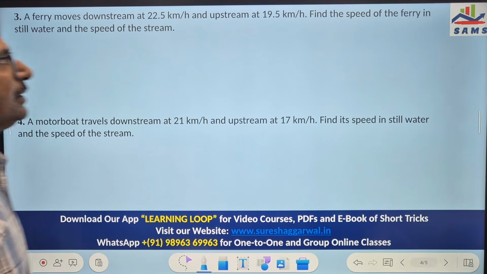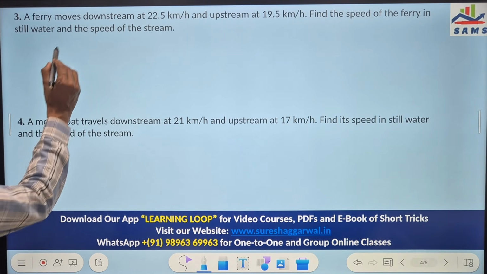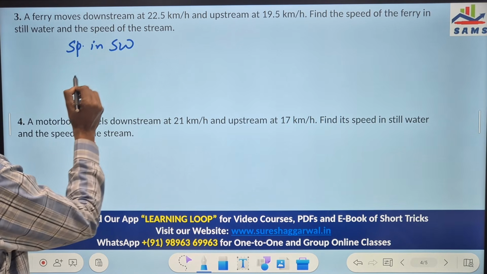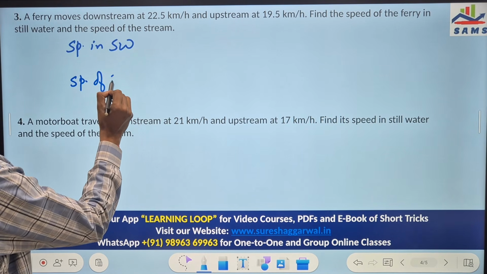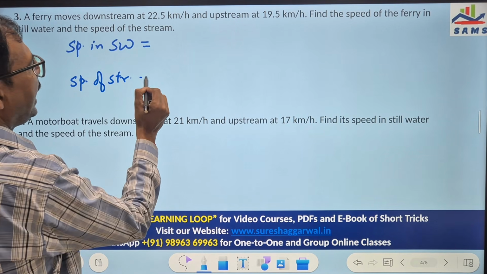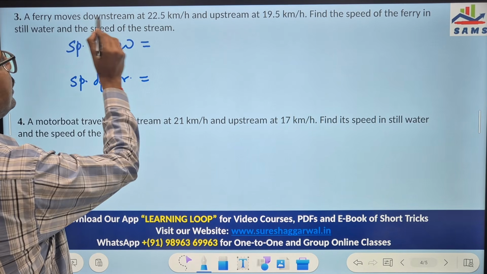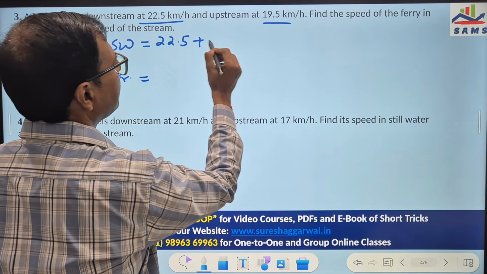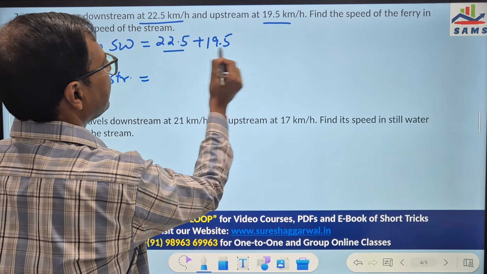Let's solve it using the same approach. What will be the speed in still water and speed of stream? Add and divide by 2. So this is downstream 22.5, add upstream 19.5 and divide by 2.